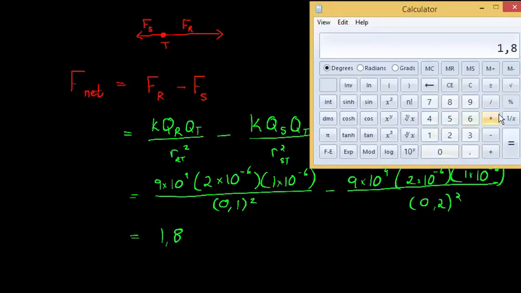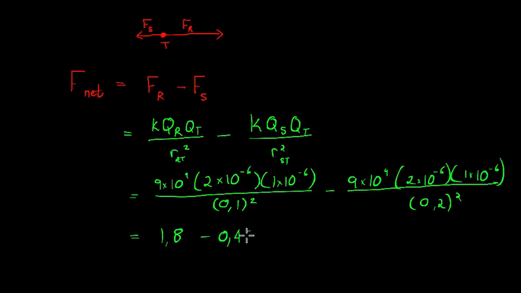The second part is the same as before. I should have actually stored that value, but that's okay. Let's do it again. 9 times 10 to the power of 9 times 2 times 10 to the power of -6 times 1 times 10 to the power of -6 is equal to 0.18, divided this time by 0.2 squared, which equals 0.45 newtons. So 1.8 minus 0.45 gives an answer of 1.35 newtons.